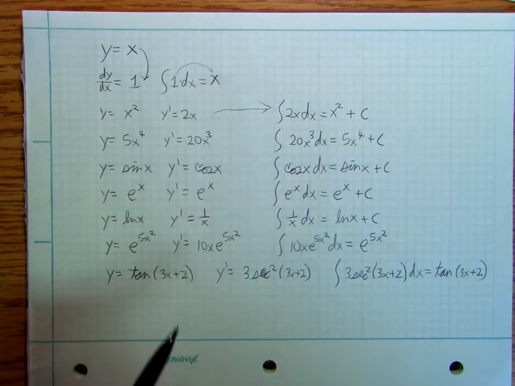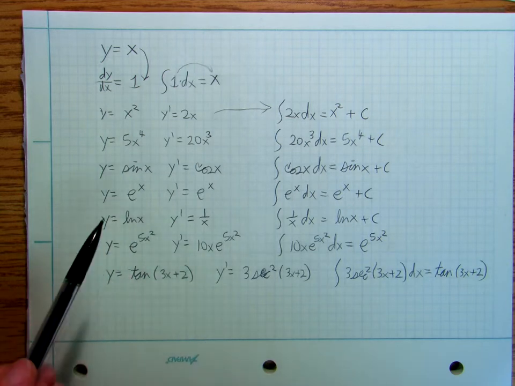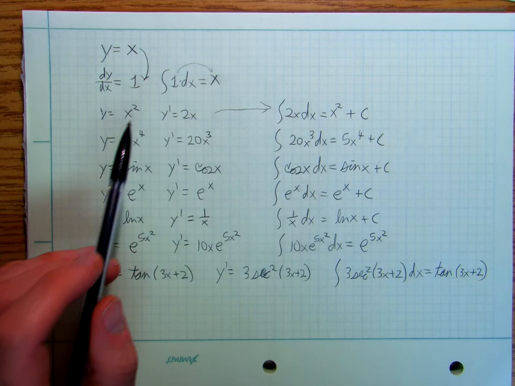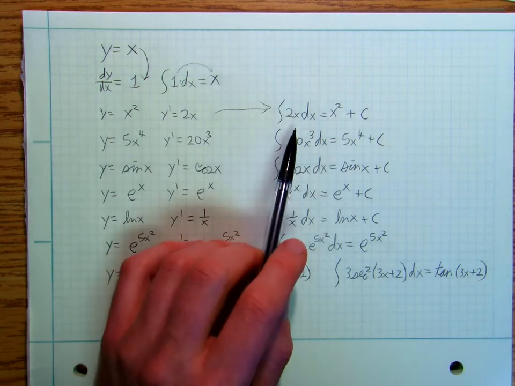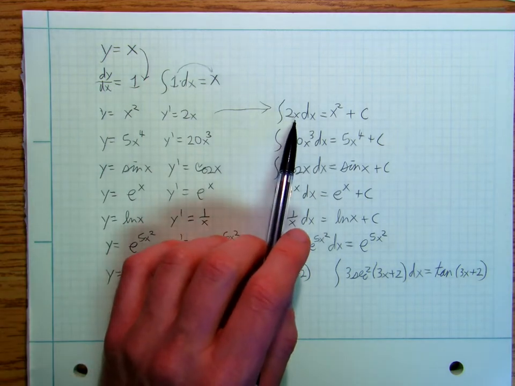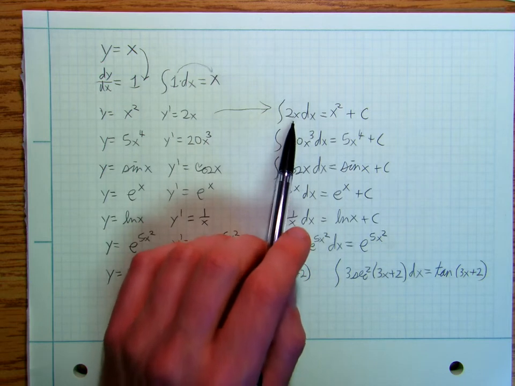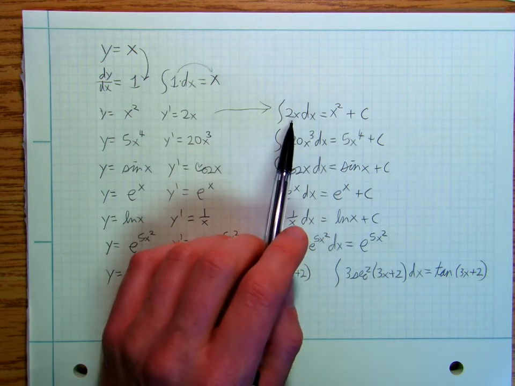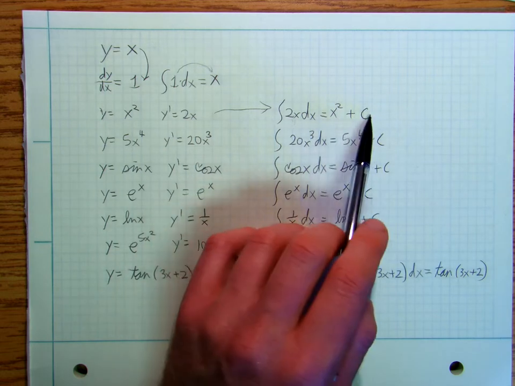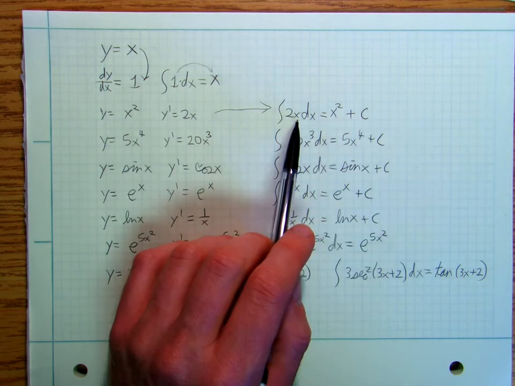But basically what I want to leave you with right now is the idea that to start off with, to take integrals, all you have to do is say, what function did I take the derivative of to get this function? Well, I took the derivative of x squared plus c to get 2x.